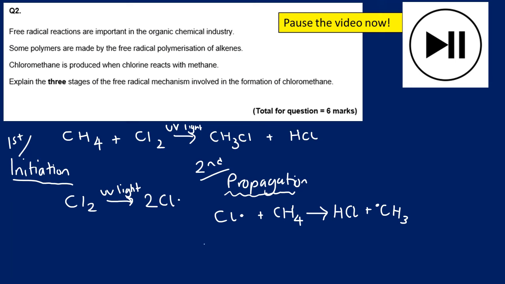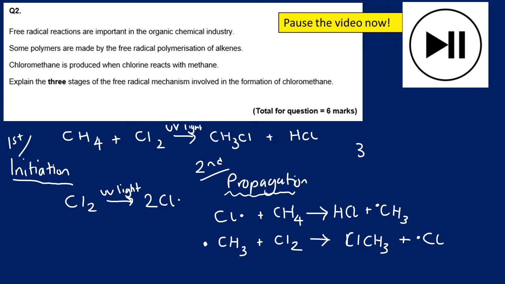The second step for propagation is this newly formed CH3 free radical with the halogen to make our product ClCH3. You could put CH3Cl, it's correct, plus a chlorine free radical. So notice how the propagation steps have 1 free radical in the reactants and 1 free radical in the products.